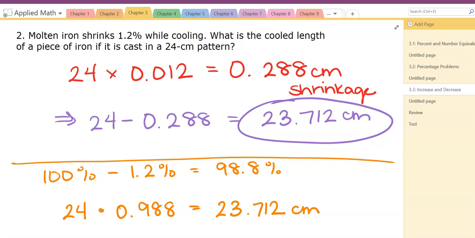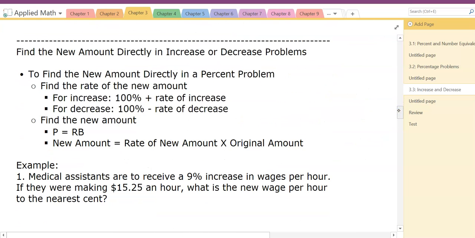But this actually gets us right into what I was going to go over next, which is how to do a direct increase or decrease problem. So instead of doing that extra step where we had to add or subtract the amount to it, we can just go ahead and do one calculation and it gets us the answer right away. So for the increase, we would do 100% plus your rate, so plus 7% or 12% or whatever it is.